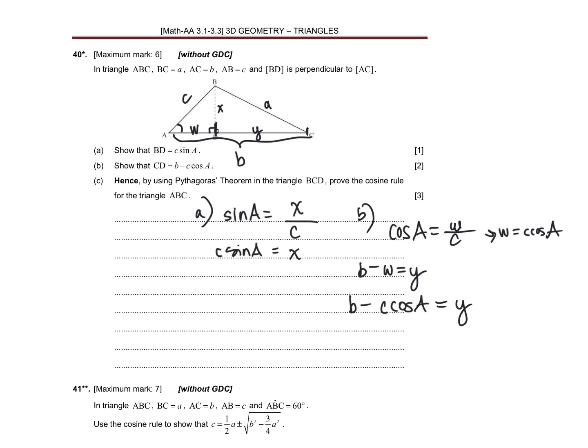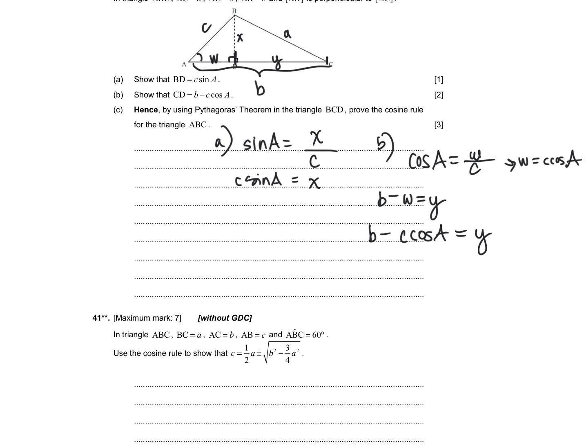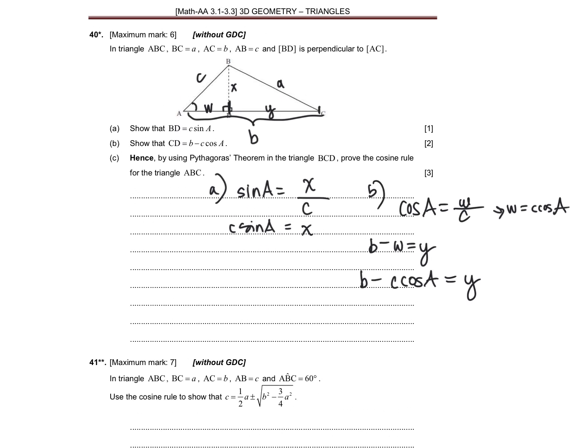Hence, using Pythagoras' theorem in the triangle BCD, that smaller right triangle, prove the cosine rule for triangle ABC. We're going to have in that triangle x squared plus y squared equals a squared.